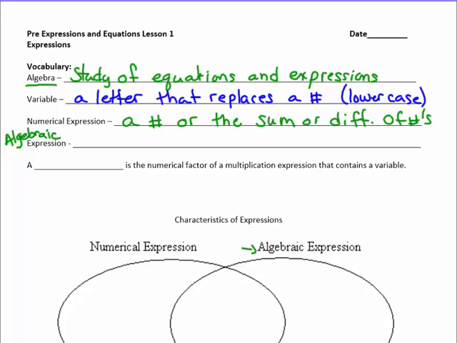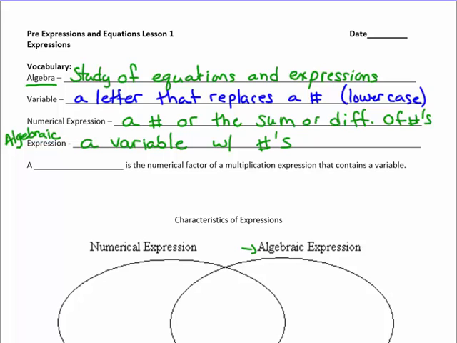An algebraic expression then includes a variable, so it's a variable with numbers. Basically, if it has a variable in it, it's called an algebraic expression. If it doesn't, it's called a numerical expression.